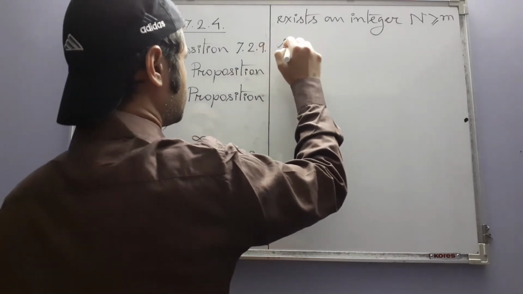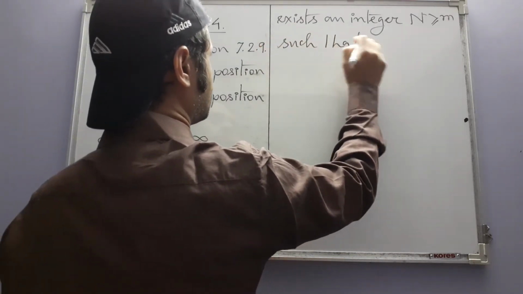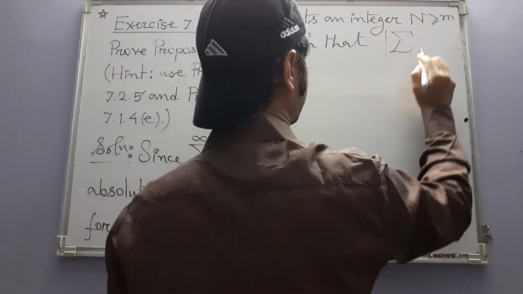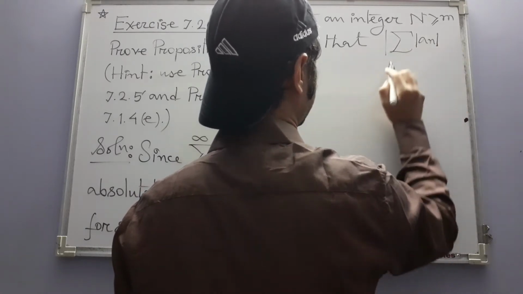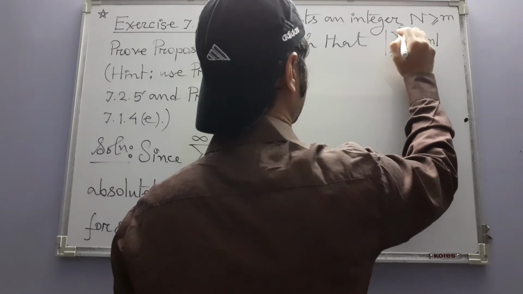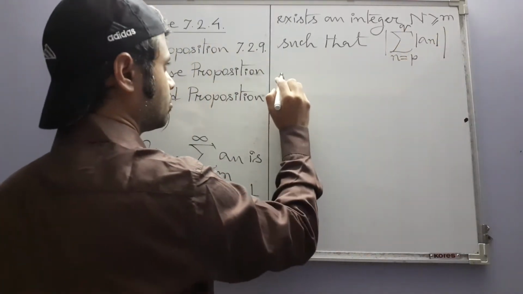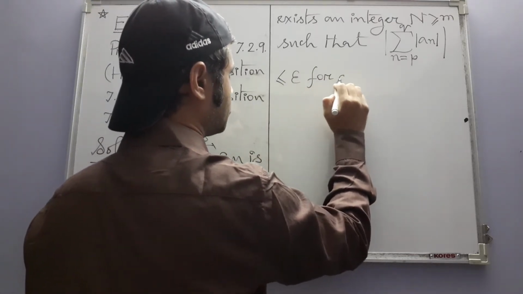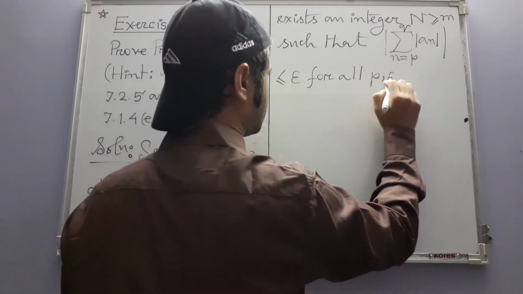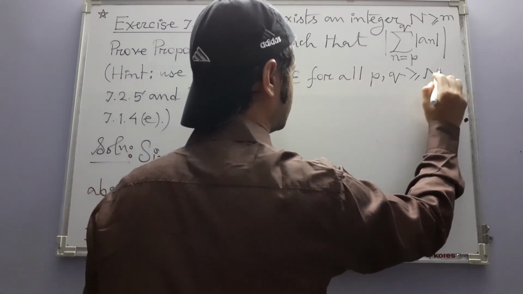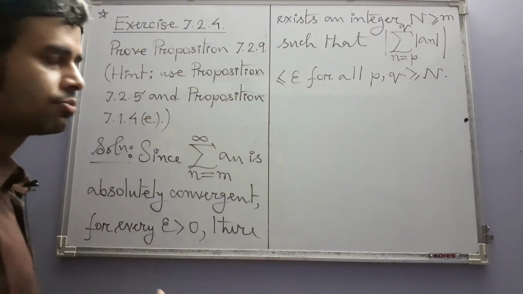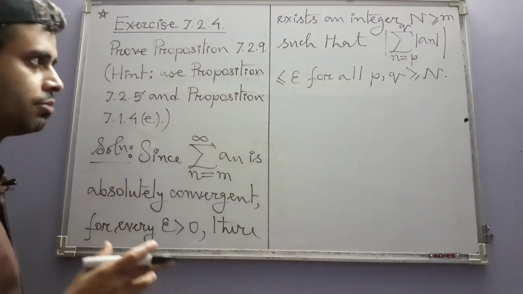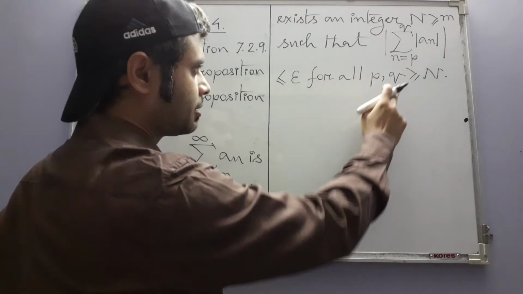Such that the absolute value of these finite series are all less than or equal to epsilon for all P and Q greater than or equal to N. Since in analysis we encounter this kind of condition again and again, we don't explicitly mention that P and Q are integers.